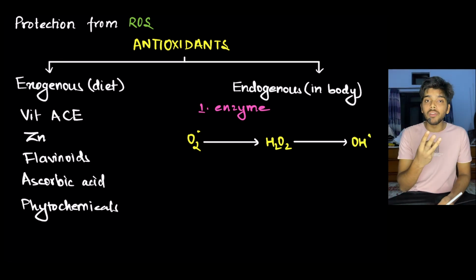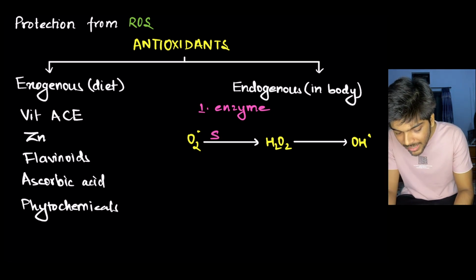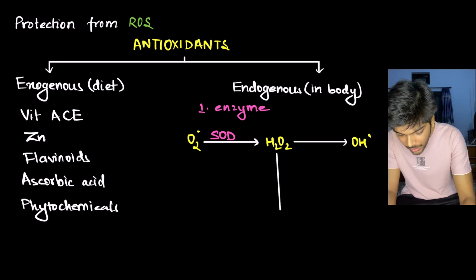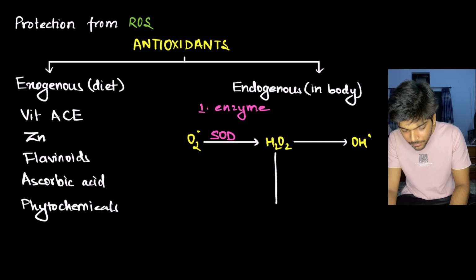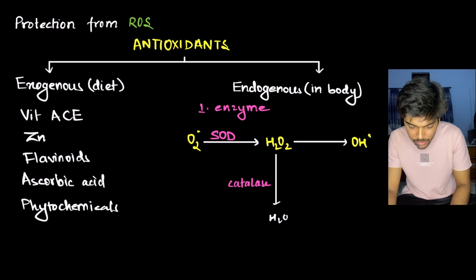All three reactive oxygen species are broken down by three different enzymes. Number one, superoxide dismutase breaks down superoxide. Catalase, okay, let me draw the line more straight. Catalase breaks down hydrogen peroxide into water and oxygen.